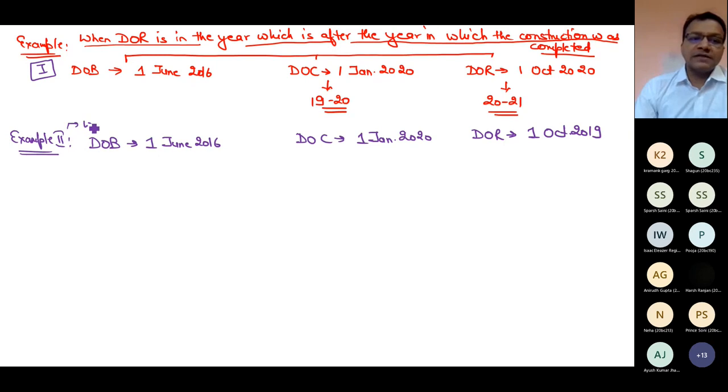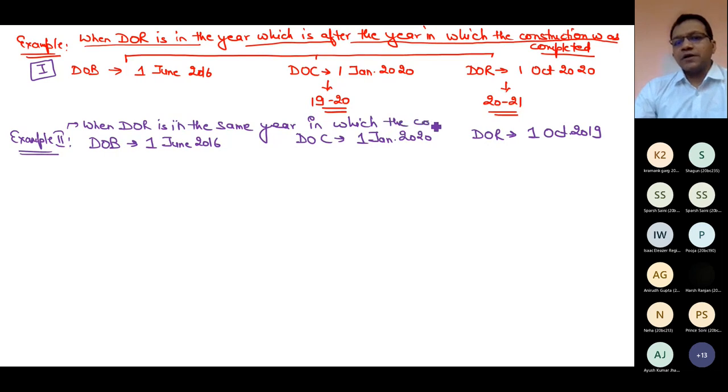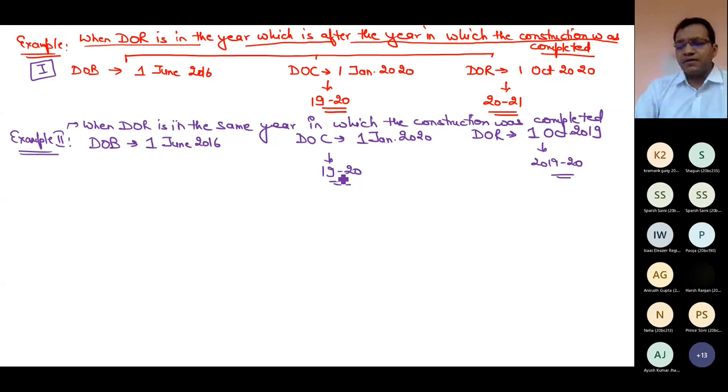I will say that when date of repayment is in the same year in which the construction of the house was completed, because now repayment happens in 2019-20, and 2019-20 is the same year in which construction is completed. No change in answer will happen. Value can change but process remains same.